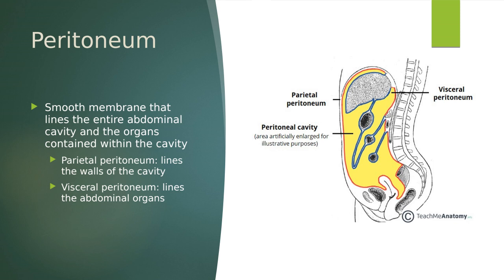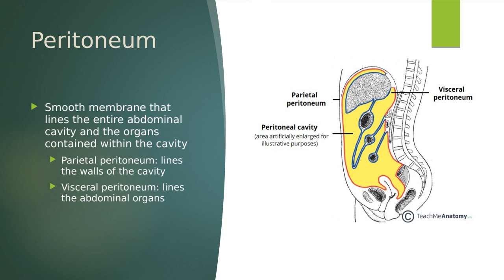Now our parietal peritoneum, we said that's going to be like that outer lining of this balloon. That's going to be that red line that goes all the way around this abdominal cavity, and it outlines the larger area of this cavity. The visceral peritoneum is going to be more so this blue layer, right?